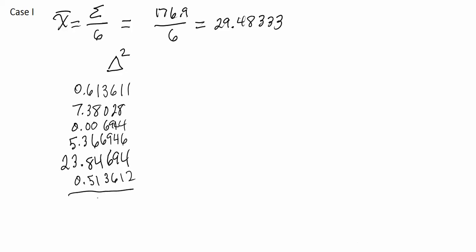When I sum all those, I get 37.7308. Now, to calculate S squared, the variance, I would take that sum and divide by 5, not by 6.